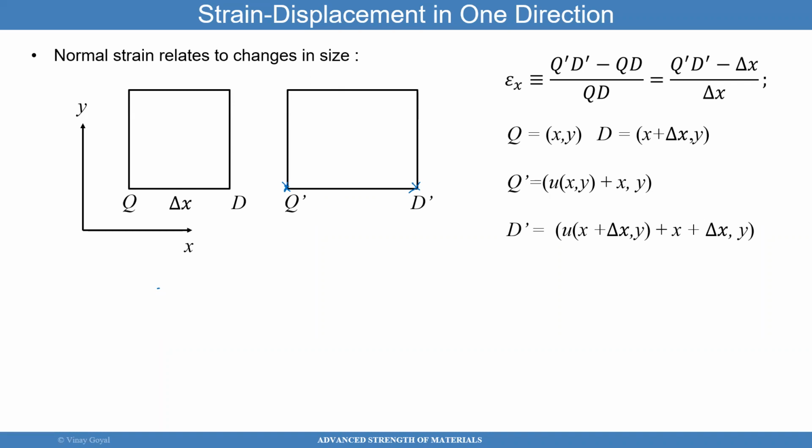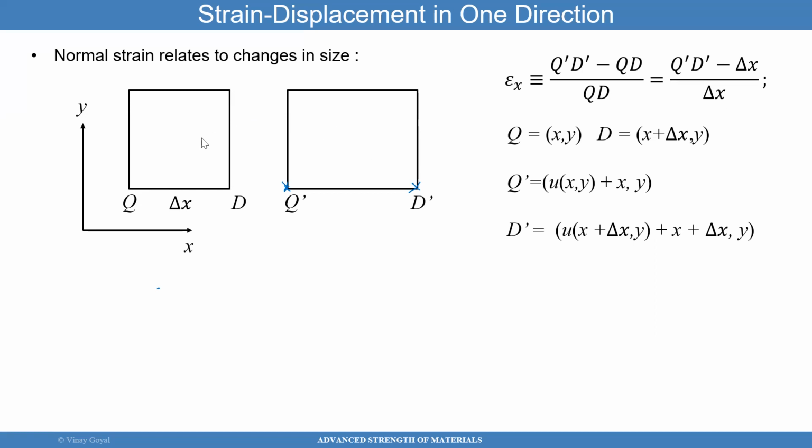That's the first question that could come up. The second question is, what does this Q prime really represent? Let's think about it. What I was trying to point out is that this corner Q is moving to a new location Q prime. This corner D is moving to a new location D prime. Every corner is moving to a new location. Every point within the system is moving to a new location.